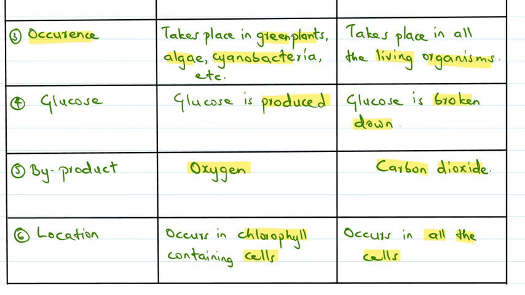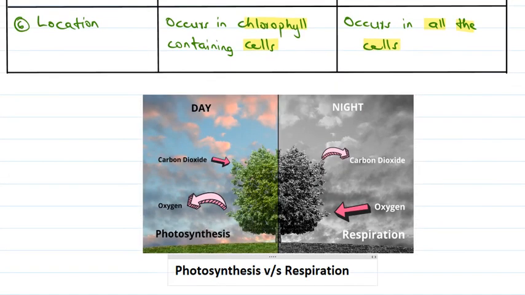Here is a picture depicting photosynthesis versus respiration in case of plants. Here we can see that photosynthesis in plants takes place during the daytime. Why? Because during the daytime there is availability of sunlight, and we already know that photosynthesis can only take place in presence of sunlight.